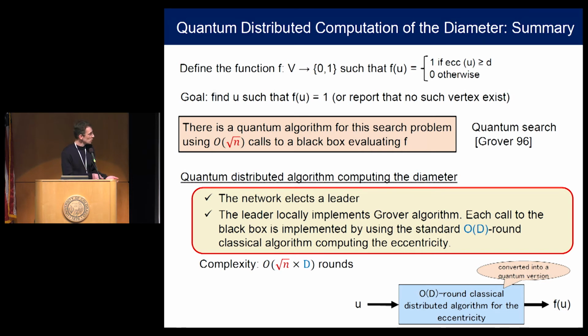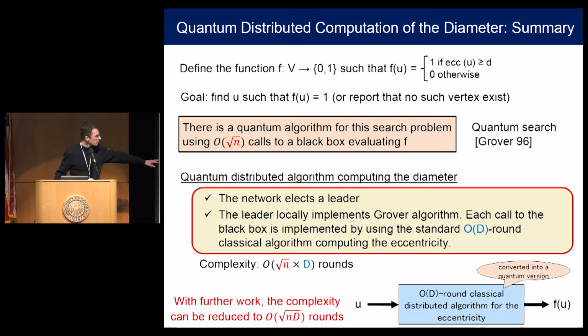Okay? But you can implement it essentially using the classical algorithm that computes the eccentricity in D rounds. Of course, you need a quantum version of it, as explained in the previous slides. So this gives you the complexity square root n, the number of iterations, times D, the number of rounds to implement one call to the oracle.